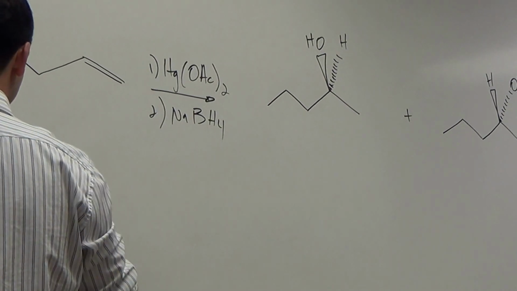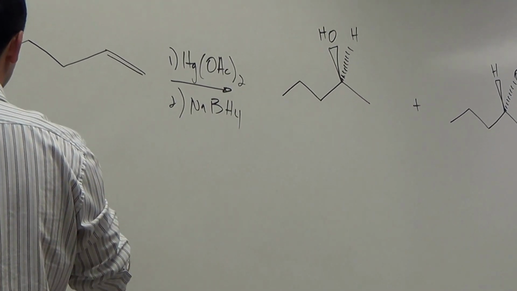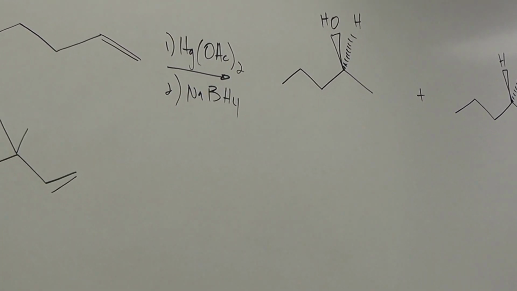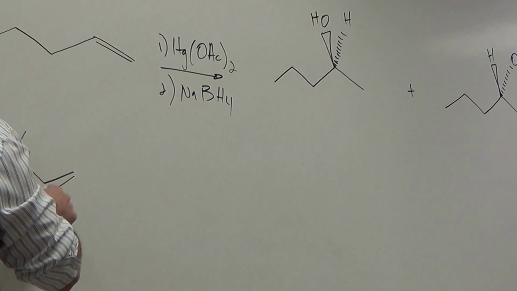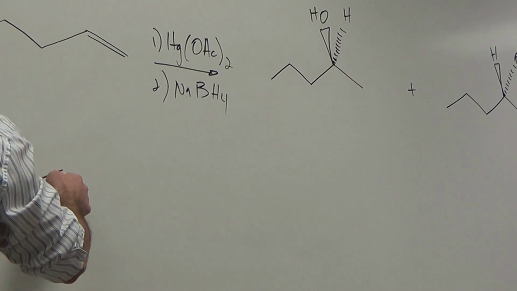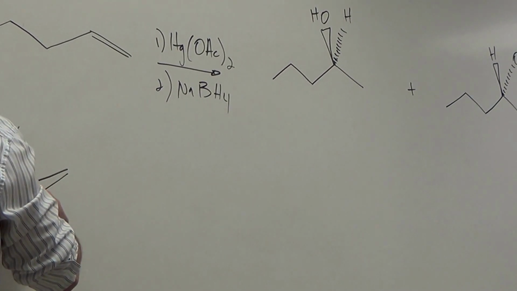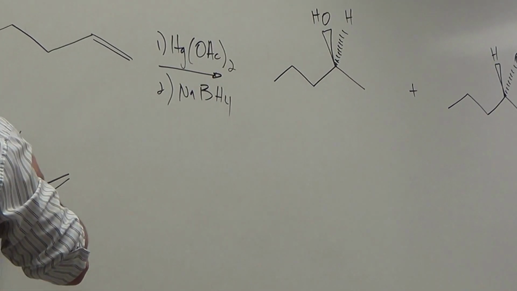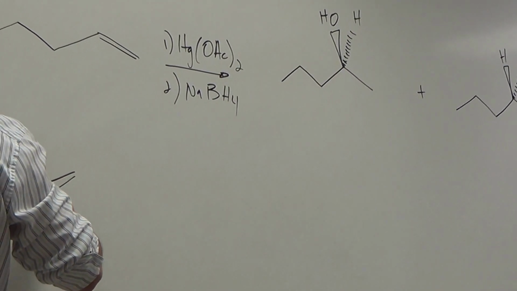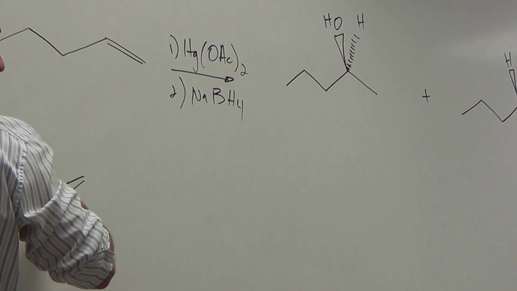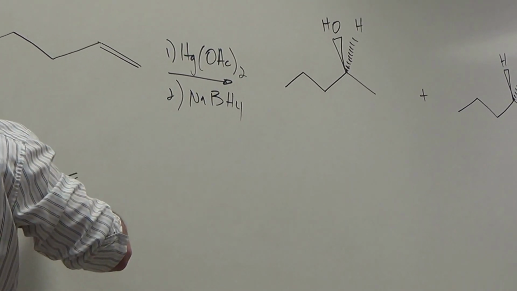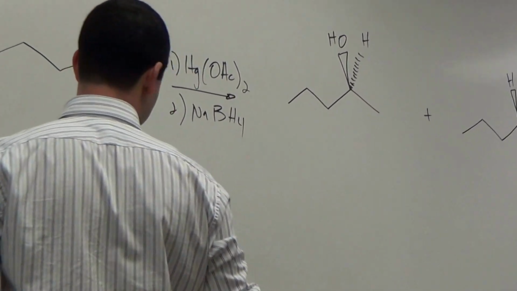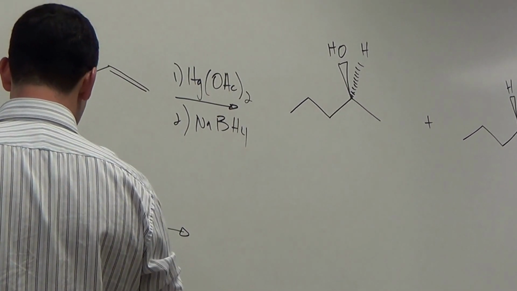If we had something like this, 1, 2, 3, 4, and we formed a carbocation here, when we added water to this, the H went here, and there was a formation of a carbocation here. There was a methyl next to it, so there was a methyl shift. And if there wasn't a methyl, there was a hydride shift. During this reaction, you do not get that. So put no rearrangement.